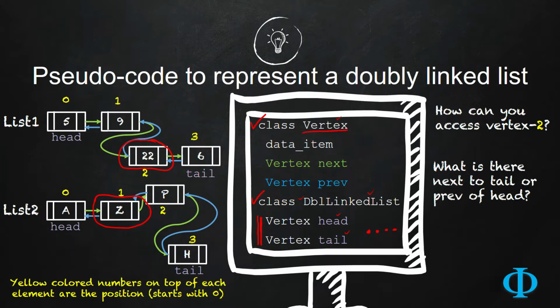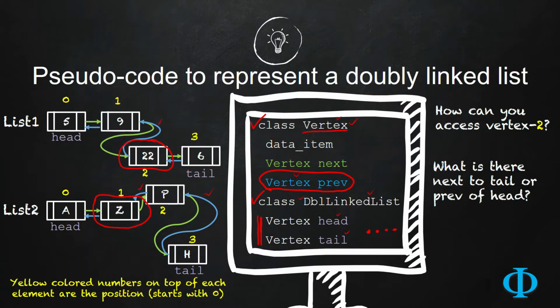Now the only difference is, as you can see, the existence of this previous link, which is another self-referential object of the same type, class vertex, to point to the previous node, or previous vertex, of any current node, like these blue lines, blue links here in the figure.